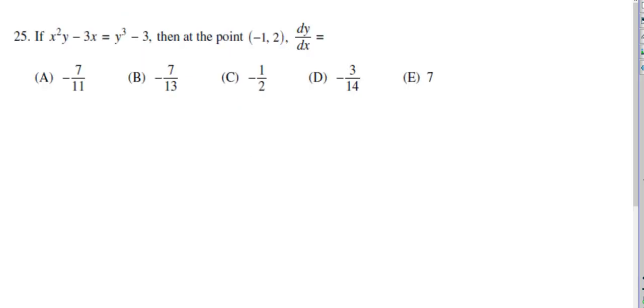Okay, 25 is kind of similar to 24 in the sense that you're deriving with respect to x, but you've got some y terms tangled up, so it's another implicit differentiation. Notice here, you've got product rule, right? So derive the first with respect to x, that'll be 2x, hold the second.